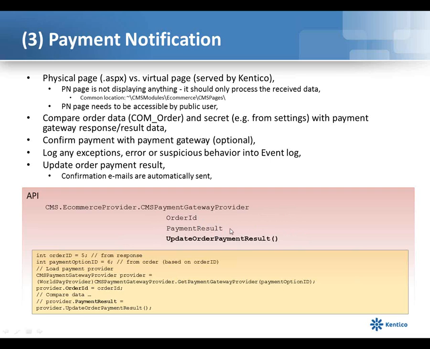Once I have these two values assigned, it's that easy. I'm just going to call update order payment result, and that method ensures, based on the order ID, that the correct order will be updated with my payment result, and of course confirmation emails can be sent out based on my settings. So here's a code example, but we'll take a look at the real world example in a minute.